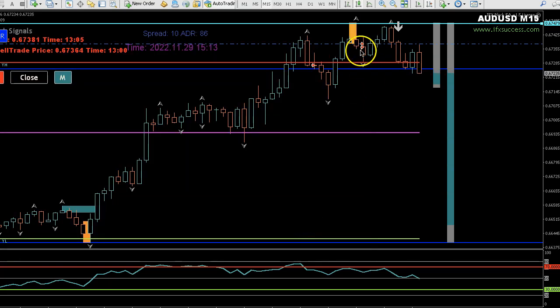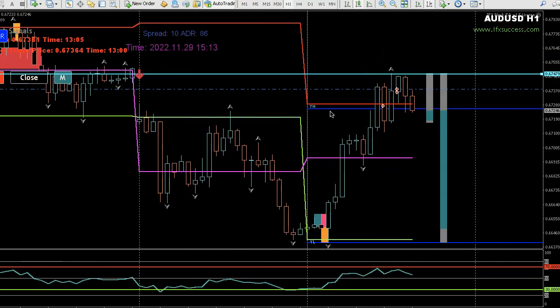So this was the entry that I got. Pretty much what it did is a smaller block. I actually got an entry here, but I didn't enter, I had it on manual, but it would have been a quick few pips right here. So the idea is, if the RSI on M15 is above, give me an entry, but you have to make sure of two things: that the mid-level is not above my yesterday's high, and the second thing is that at the time of the entry, we want the RSI to be inside my 70.